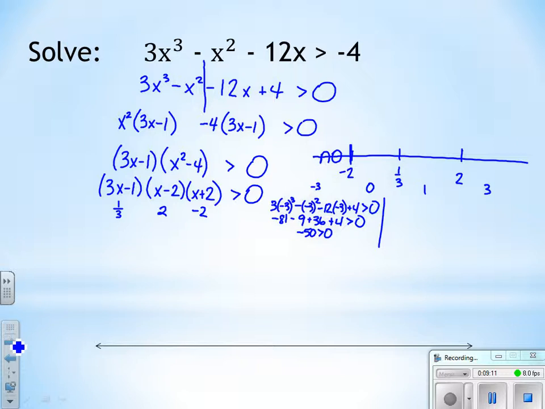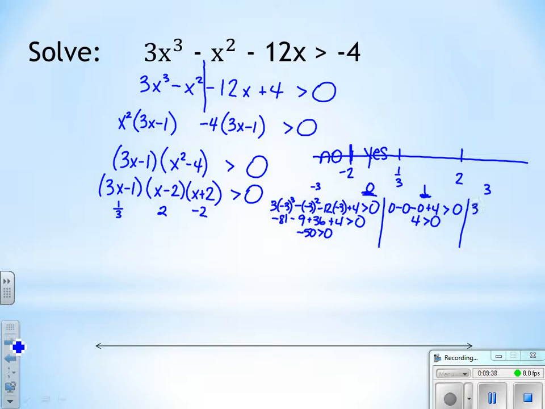Okay, middle. I'm using 0 as my test point. So 0 minus 0 minus 12 times 0 is still 0, plus 4 is greater than 0. So 4 greater than 0 is what that simplifies to, and that's true. So I do have solutions in between these two numbers. My next interval, I chose the number 1 as my test value.